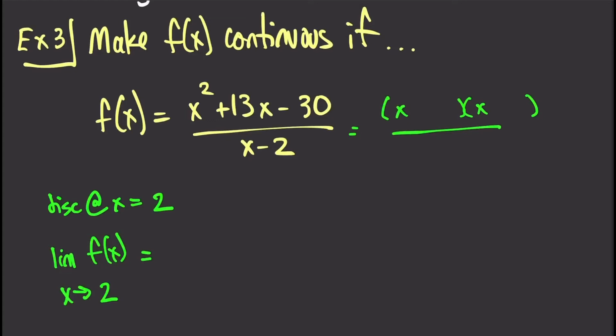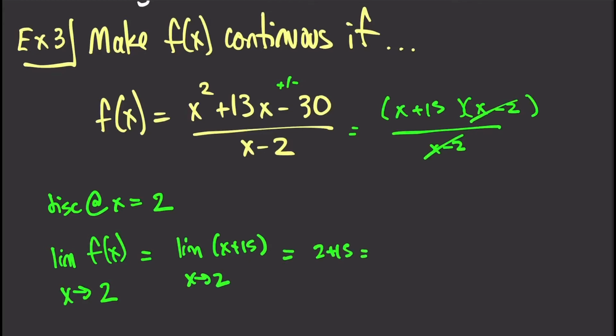The signs are different, and they multiply to 30 and combine to 13. So positive 15, negative 2. Denominator is x minus 2. Perfect. So when I take this limit, I'm actually taking the limit of x plus 15 as x approaches 2. Plug in that 2, and you get 17.